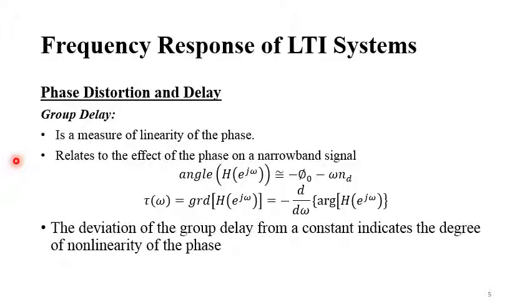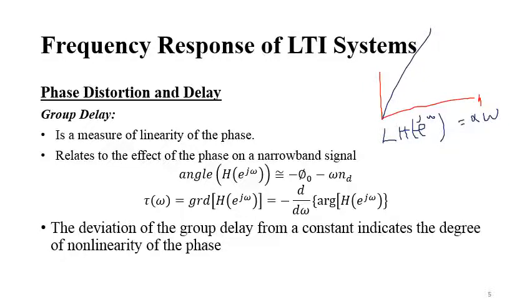So for example, if the angle of H of j omega is equal to, for example, alpha times omega, then we get a constant value.